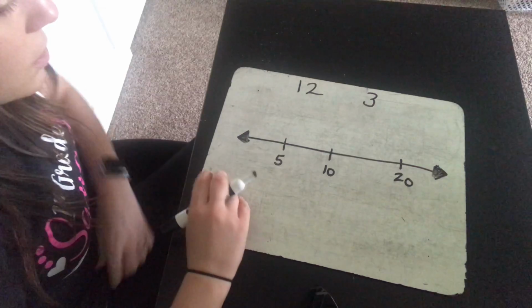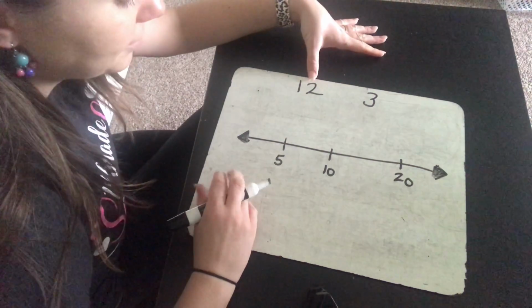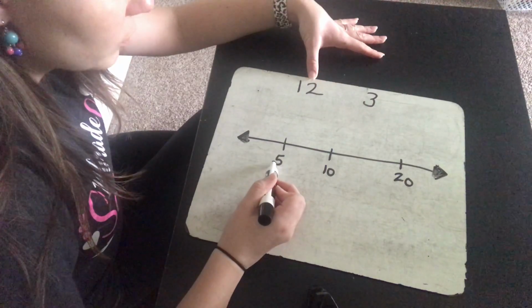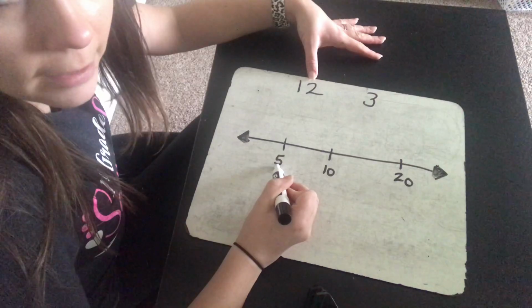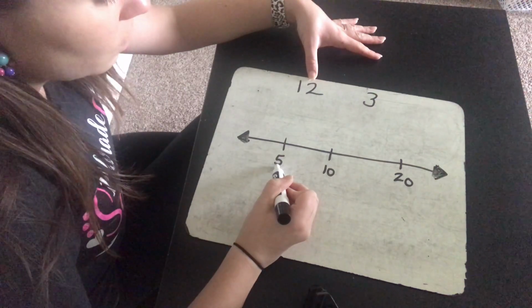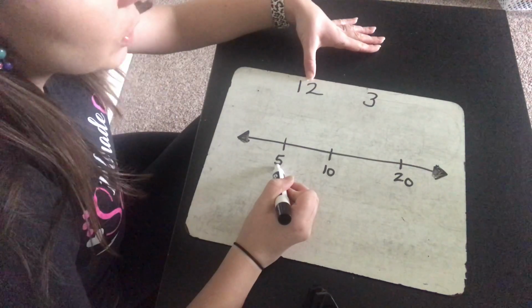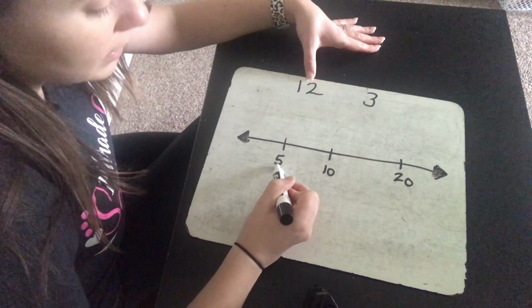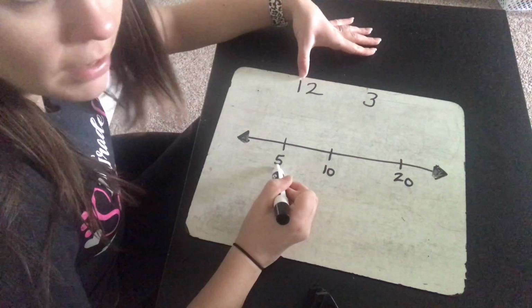So what I can do is figure out, let's look at 12 first. I can just look at the numbers I was given. Is 12 greater than or less than 5? Well, 5 is a one-digit number and 12 is a two-digit number, so I can already tell that 12 is going to be greater than 5 because it's got a tens place and 5 does not.